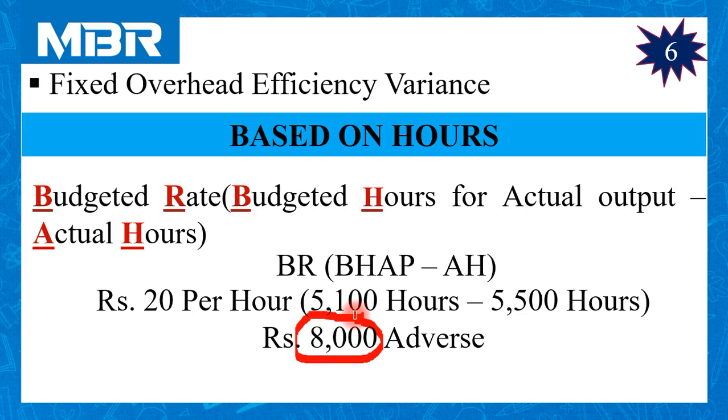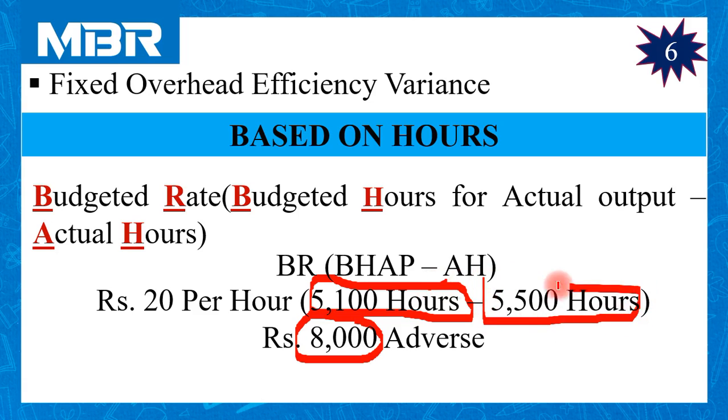Now it is necessary for you to interpret this difference. We have to produce in 5100 hours only, but actually we have taken 5500 hours.